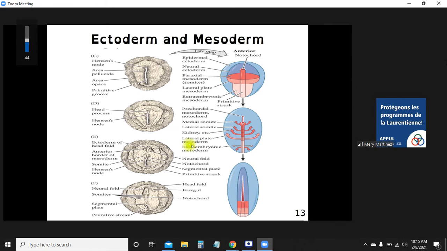We're going to have that middle section and lateral plate mesoderm. For the posterior of the primitive streak, from the extra-embryonic mesoderm, normally this is the one in pink color, a little more pale, so those are the ones that are more towards the back, okay?